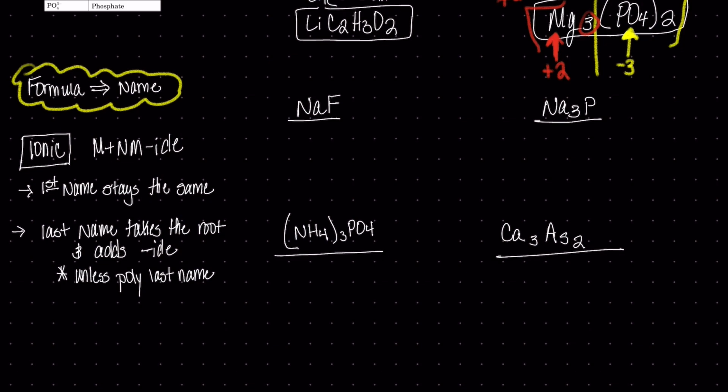Step 1, my first name stays the same. So I name my first. I got sodium here. Sodium is Na. And then my first name stays the same. My last name, I take the root. So F on my periodic table is fluorine.